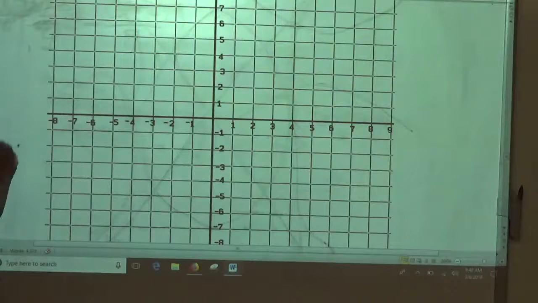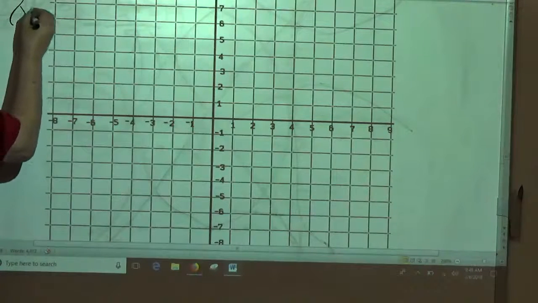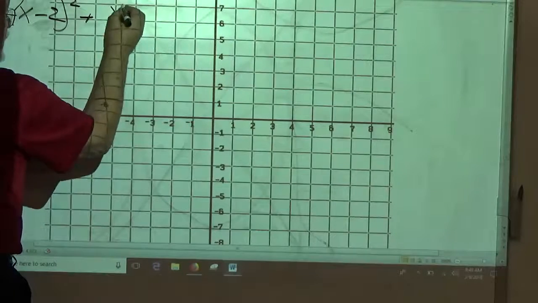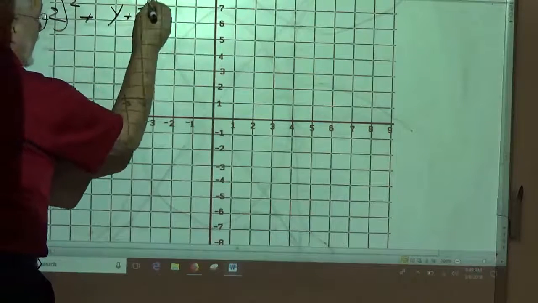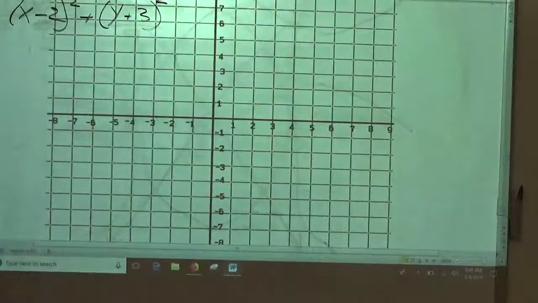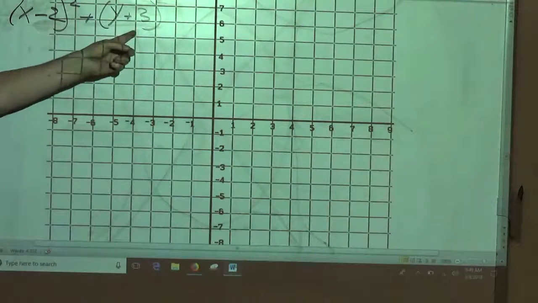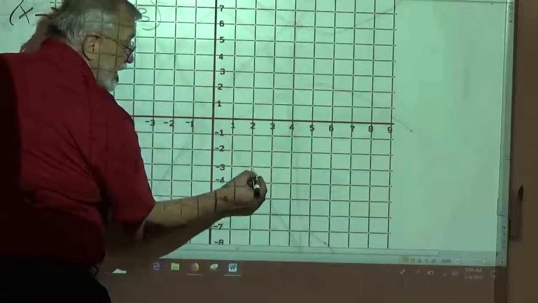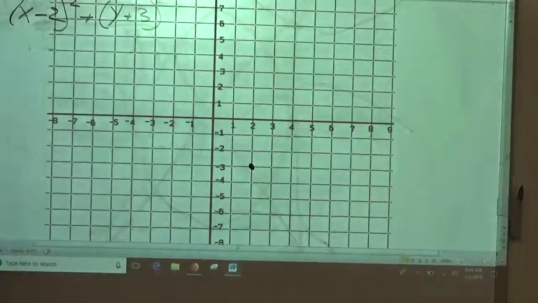Now, if I give you x minus 2 squared and y plus 3 squared, what can you tell me? What do you know? There's a major point located where? Well, positive 2, negative 3. There's a major point at positive 2, negative 3. That's right here.